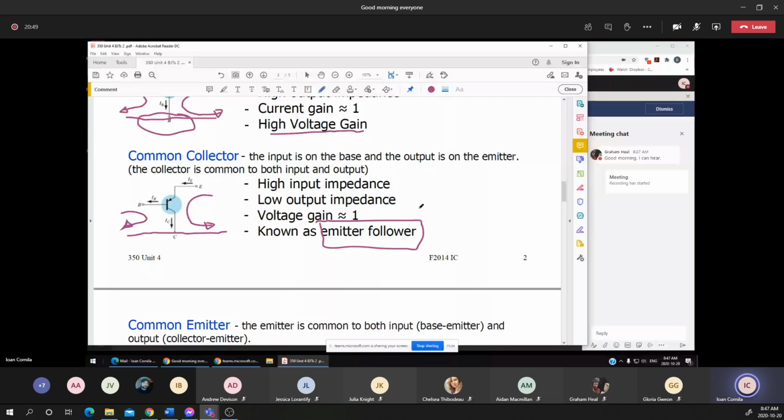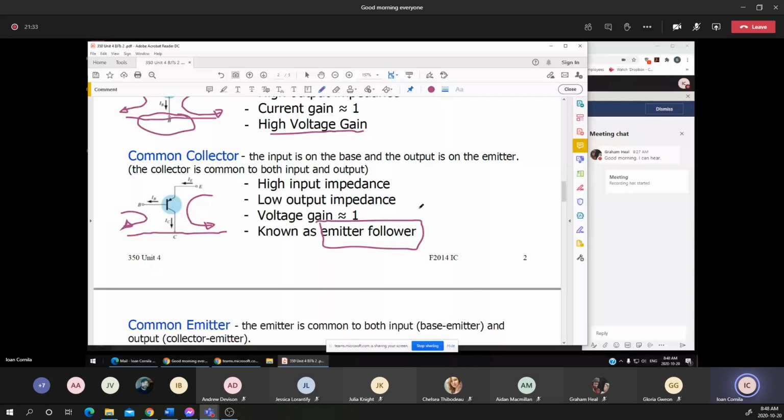In order to keep the maximum power transfer from one circuit to another circuit, or from an input voltage source to an output circuit, we have to match those two impedances. If the impedances are not the same, the power transfer is at the minimum. That's why in circuits that require different impedances, like low to high, or high to low, and so on, we are using an emitter follower.